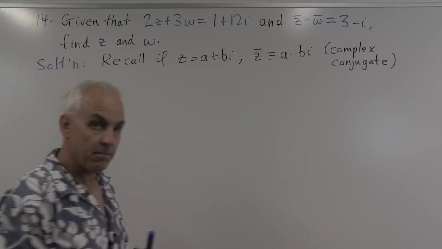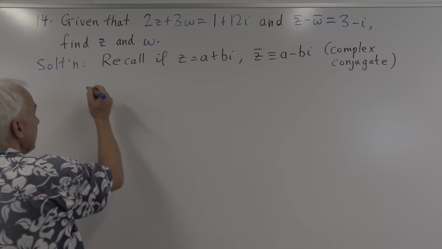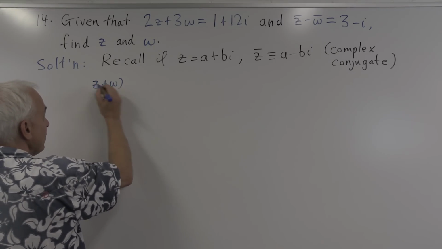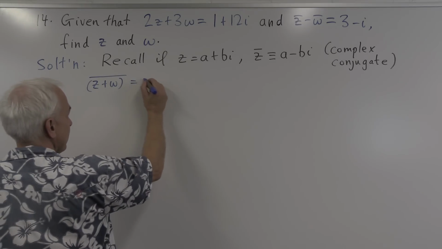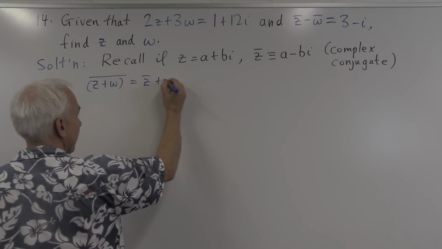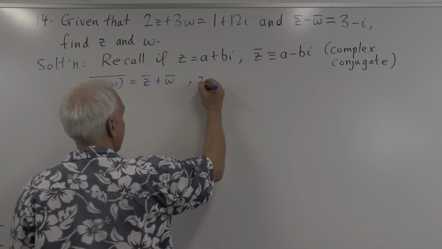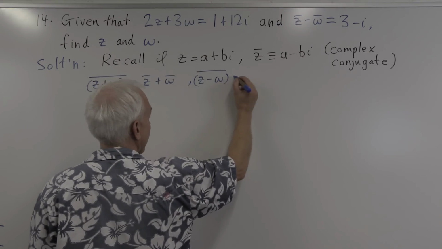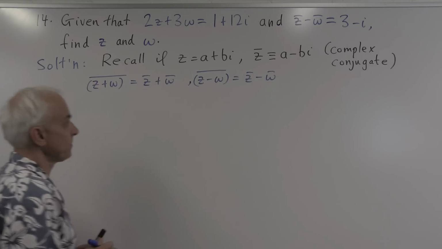The main things we want to know about it are that if you have z and w and you take the complex conjugate of the sum, you get the complex conjugate of z plus the conjugate of w. Similarly, the complex conjugate of the difference is the difference of the complex conjugates.